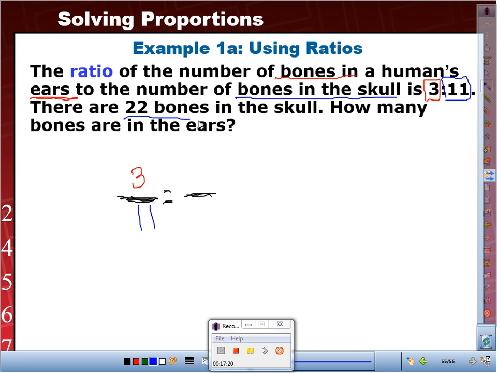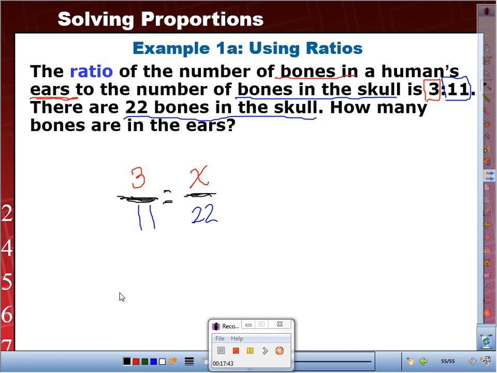Blue, because this one is the same type as this one. So, looking at my proportion, where did I place the original bones in the skull? On the bottom, so this one goes down here. And what are they asking for? How many bones in the ear? Do we know yet? No. Therefore, we label this X.